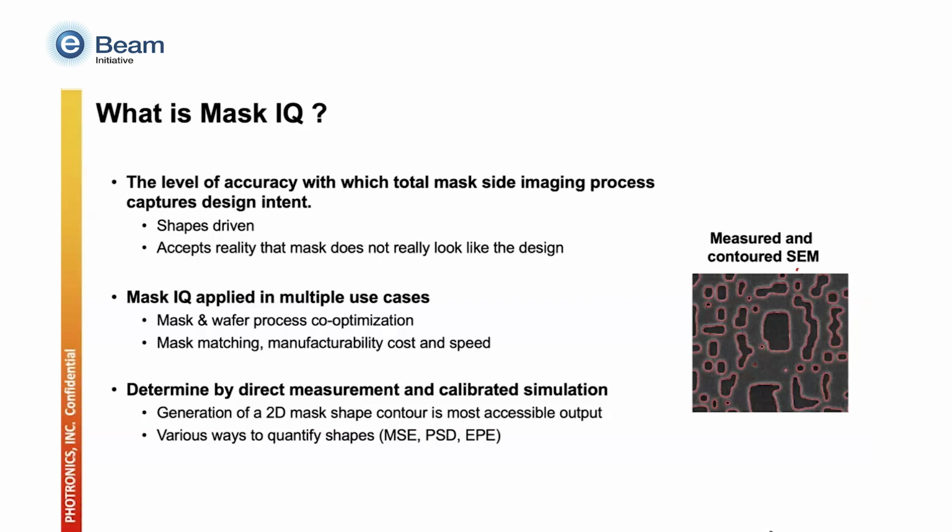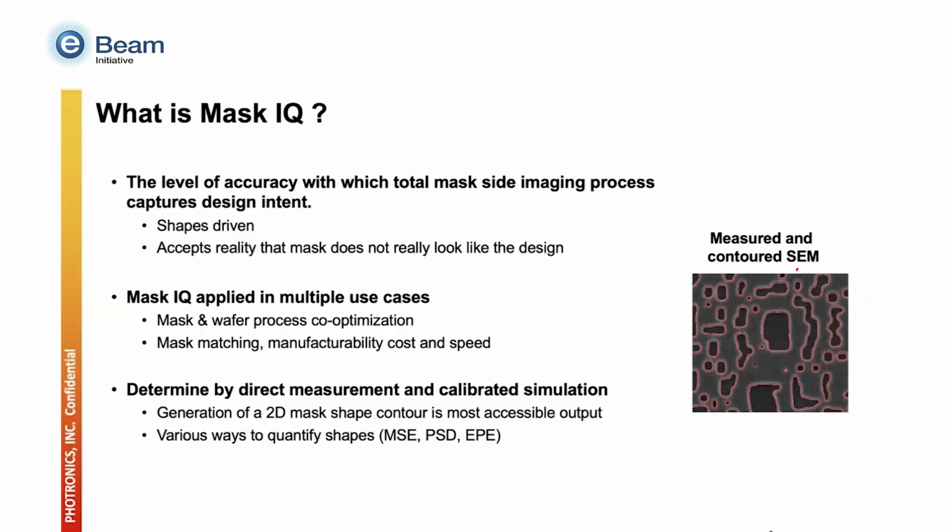So generation of the mask shape contour is the most accessible output. Once you have that, you can quantify the numerical character of this contour in various ways: mean square error, PSD, edge placement, and things like that. So that gets us framed on what mask IQ or image quality actually is.